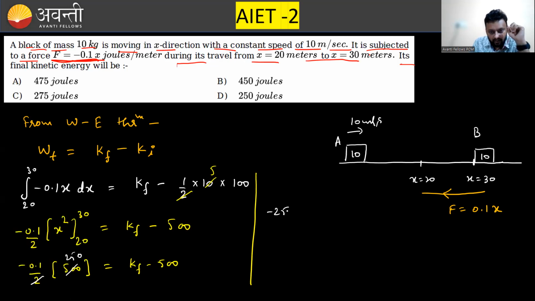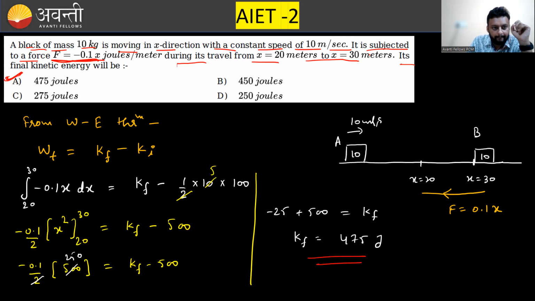Will it work? Plus 500. This minus 500 will become plus 500 is equal to K final. So K final is 475 joule, which is again option number A.